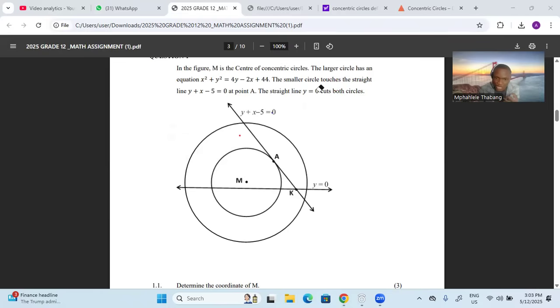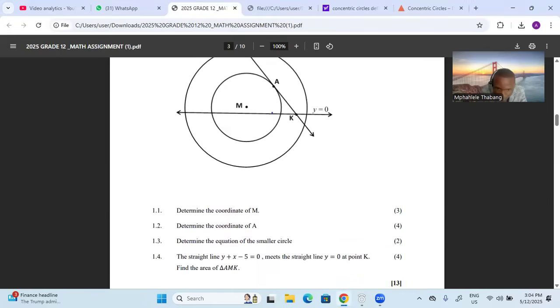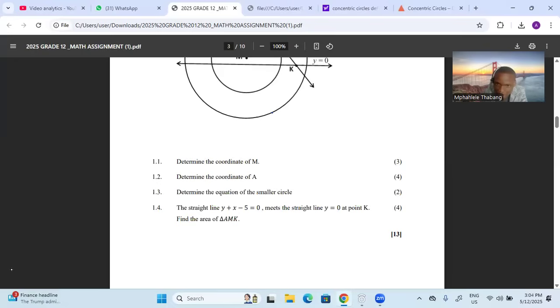We should look at all necessary details and explore them in their totality. So we found the coordinates of the center of the circle. It is -1 and 2. So the coordinates of M are -1 and 2. You get your 3 marks.